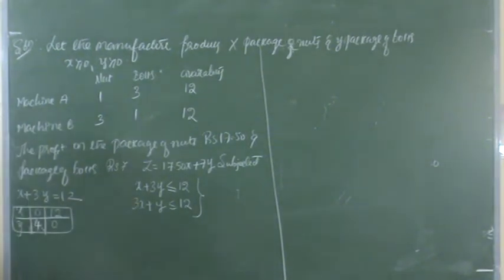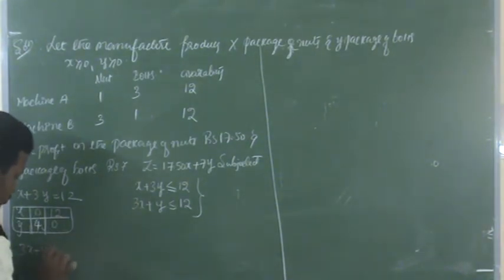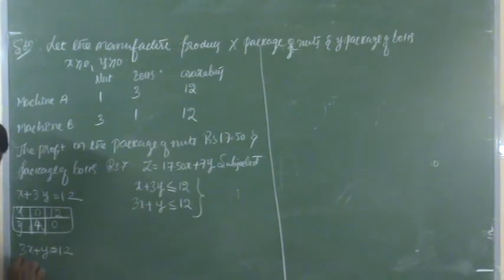For the second equation, 3x plus y equals 12. When x is equal to 0, y is equal to 12, and when y is equal to 0, x is equal to 4.